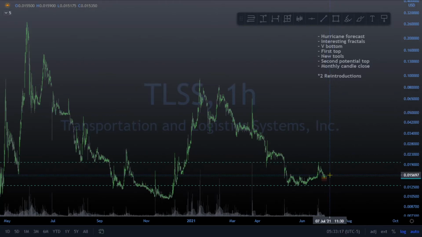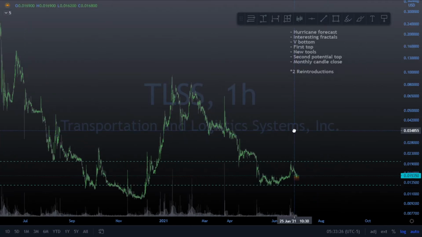All right, so I kind of presented you the first top. I kind of let you glance at it, but you see why I said 2 cents would be your potential first top, depending on timeline, and depending on how long this plays out. Maybe it could bleed out into August if it's following that previous fractal.